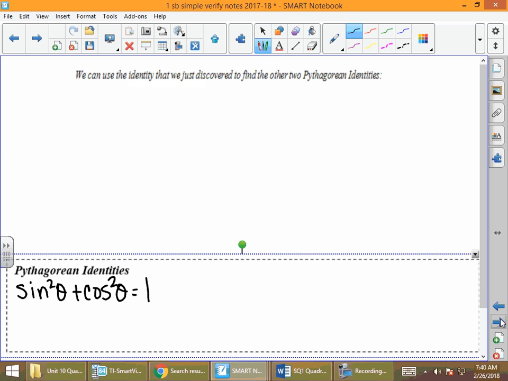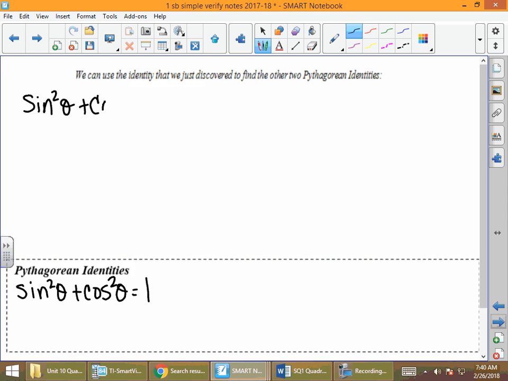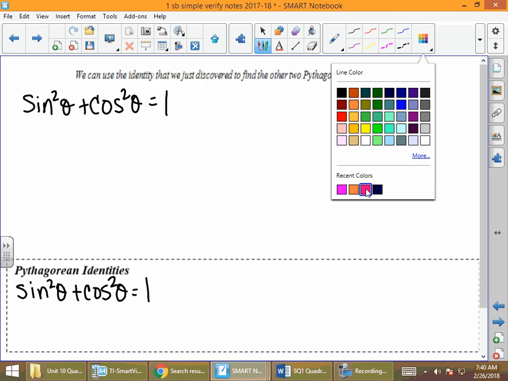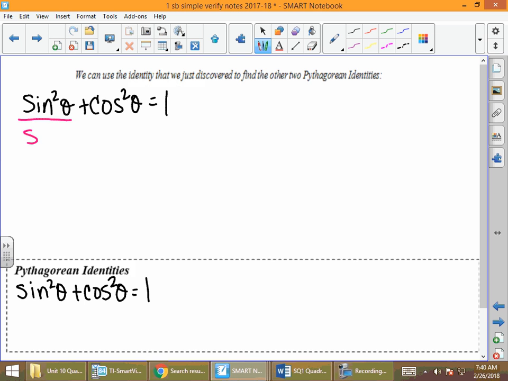If we take sine squared plus cosine squared equals 1, and we divide everything in this equation by sine squared theta, what happens when we simplify? Sine squared divided by sine squared is 1.